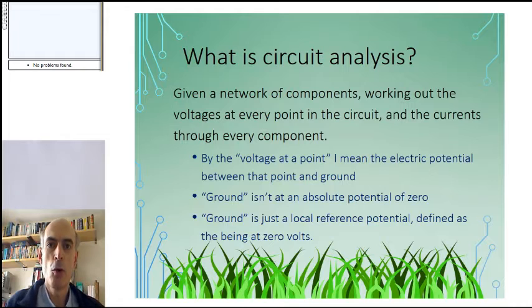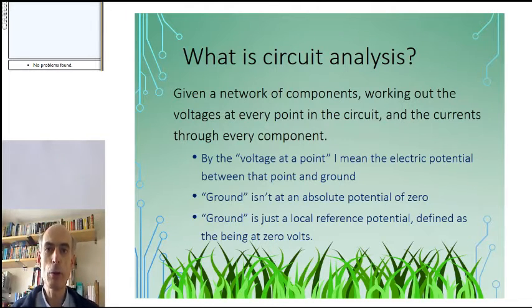So, we just pick one. The choice is not quite arbitrary, although it could be. We are free to pick any point we like in our circuit and define it as being 0 volts. Because everything that we've been doing is a function of the difference in potential, or the difference in voltage between 2 points, and not the absolute potential at any point.